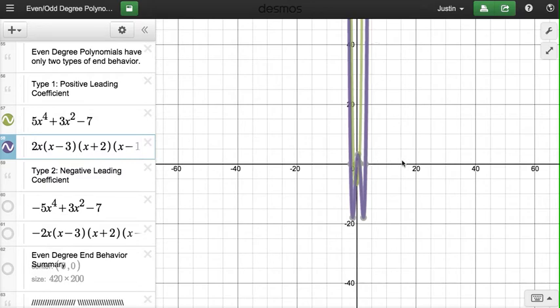Well, as I go toward infinity, the function goes towards infinity up here. And then let's look at the left side of the graph. On the left side of the graph, what's happening? Well, as my x values go toward negative infinity, so notice where the arrow's going, what's happening to the y values? They're going up, right? They're going to positive infinity.